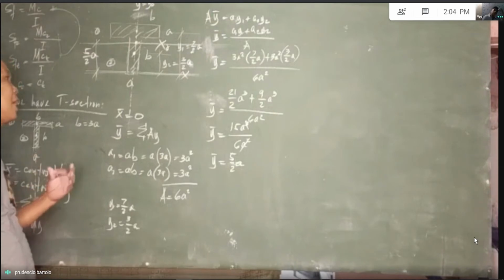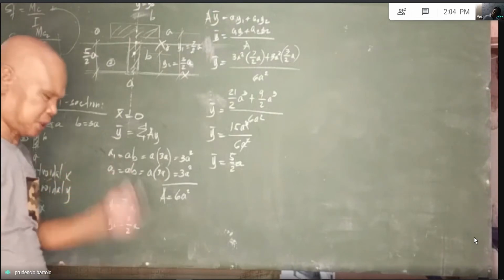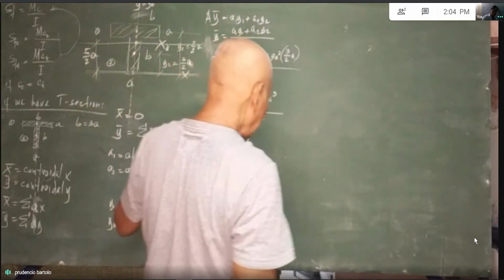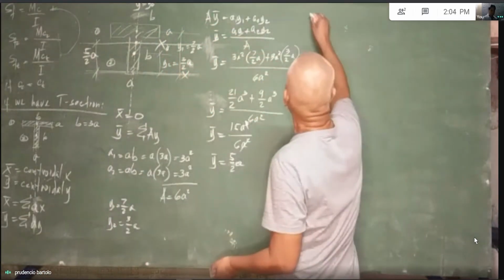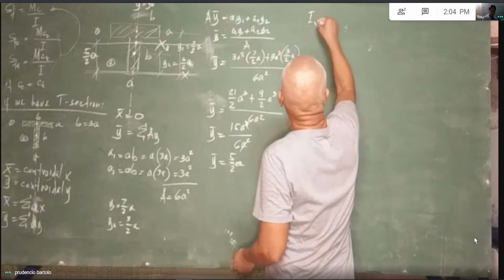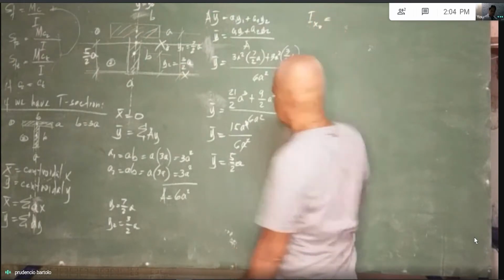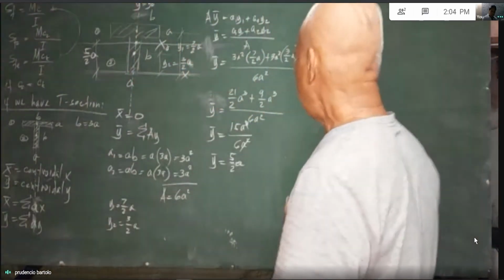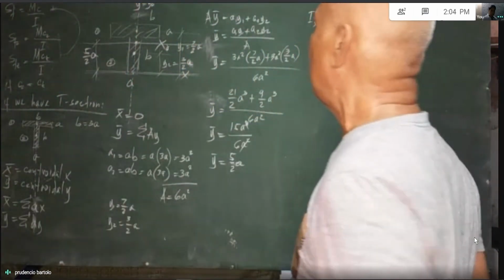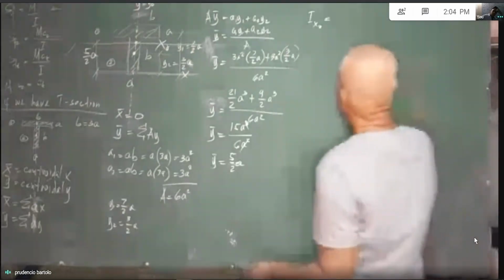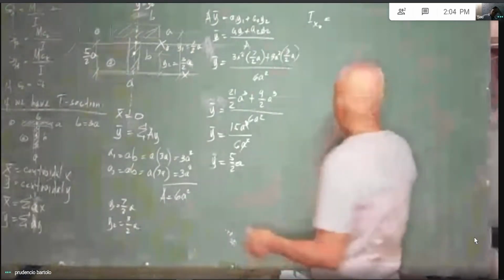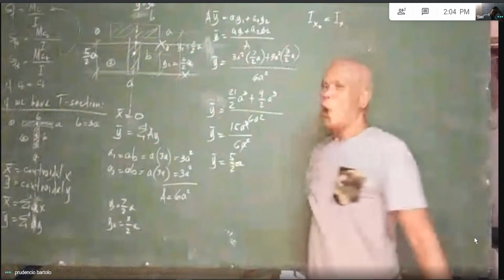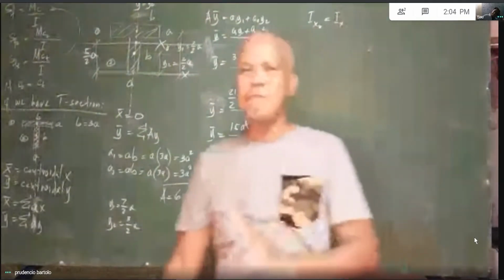Considering the centroidal X moment of inertia for a composite figure, that will be equal to the centroidal X of each figure.